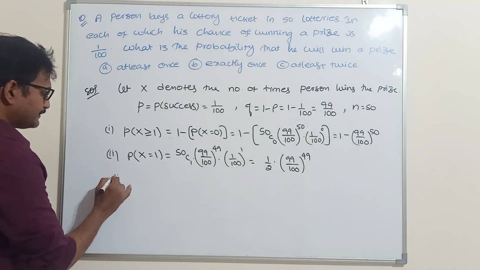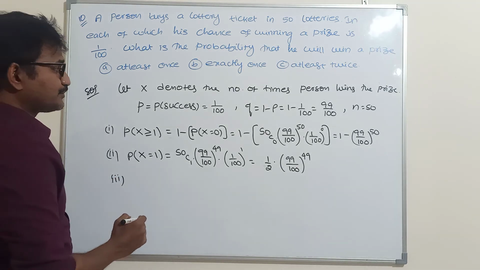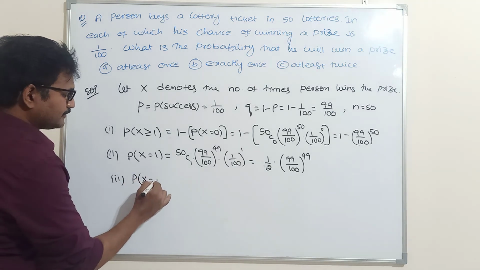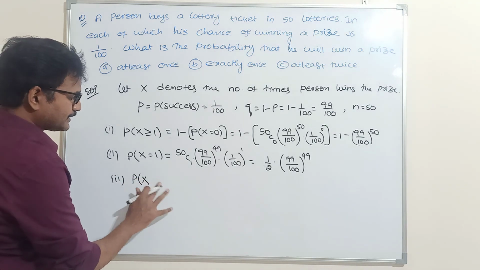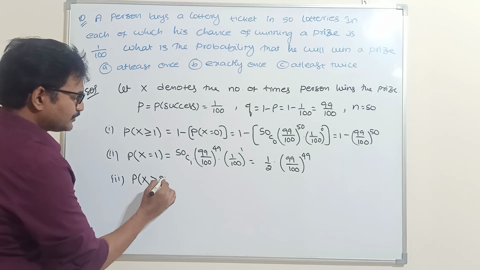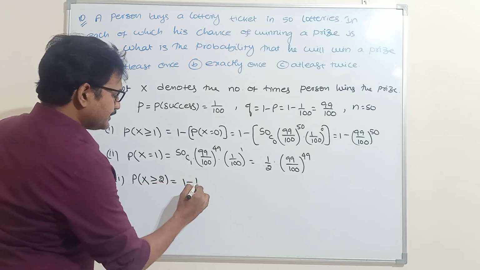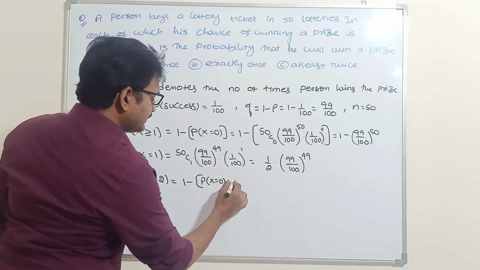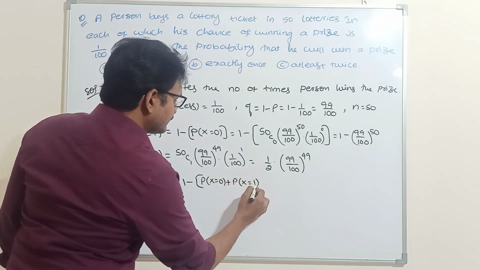Next, third point: at least twice. At least twice means minimum 2 times, greater than or equal to 2. That means 1 minus, P of X equal to 0 plus P of X equal to 1.